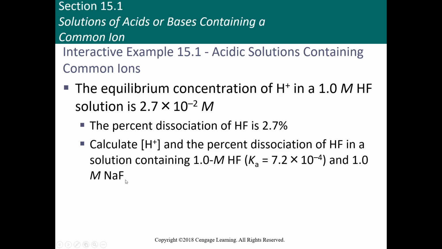And an F-. Well, F- is going to be the same thing that's going to come off of this. That's the conjugate base, isn't it? And so what you have here is an ice problem again, where you're figuring out the H+ concentration. And then from that ice problem, you're going to figure out the percent dissociation of HF.